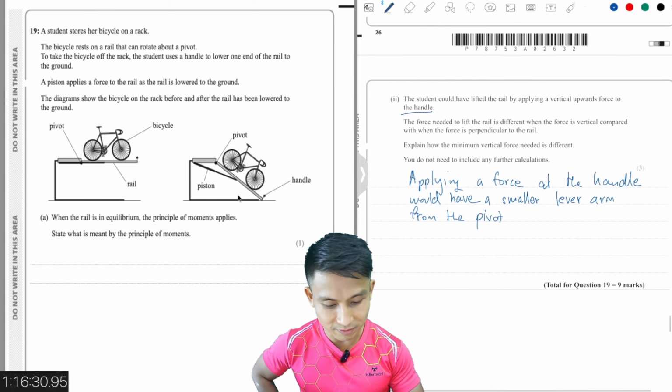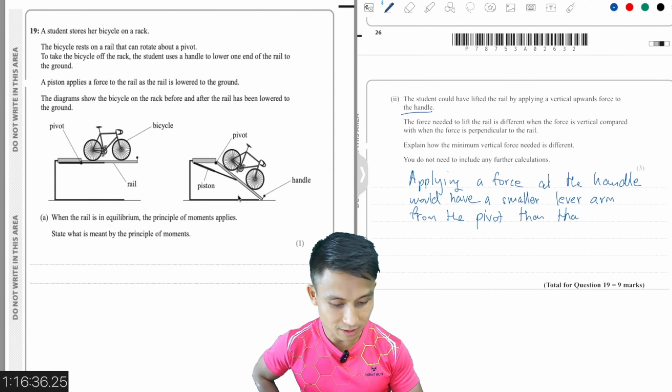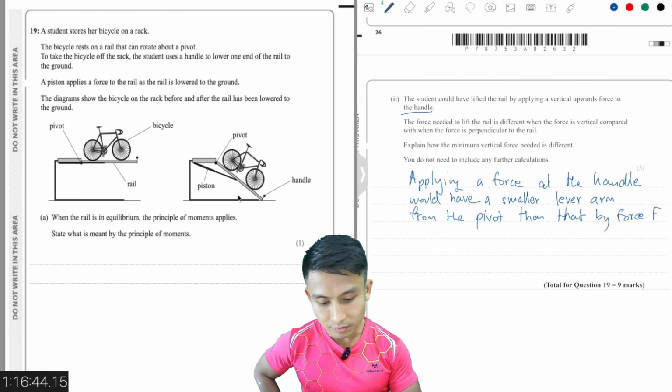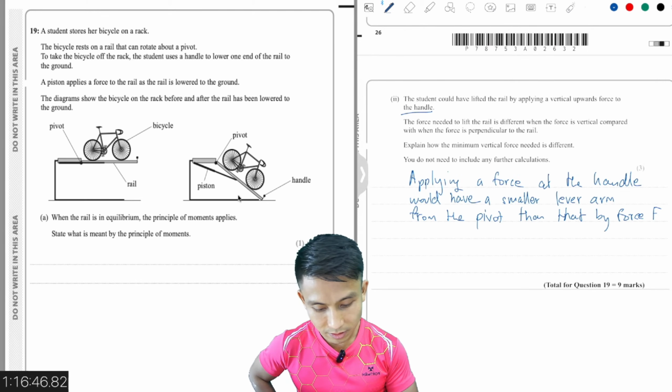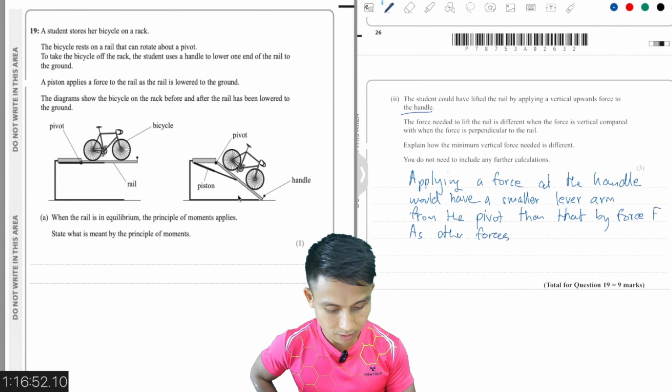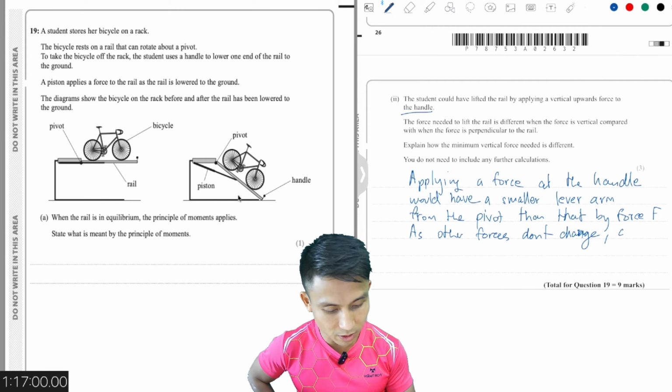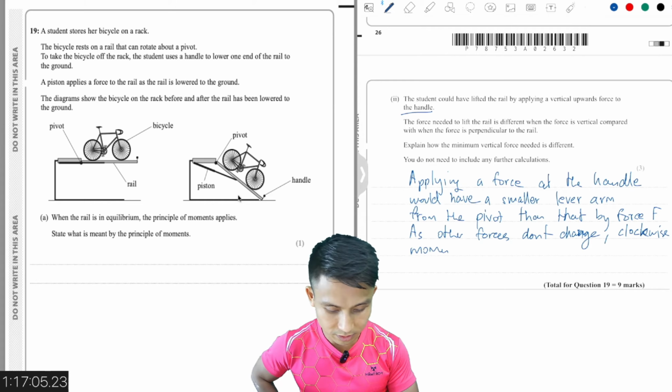Smaller lever arm from the pivot compared to that by force F. As other forces don't change, the clockwise moments are the same.